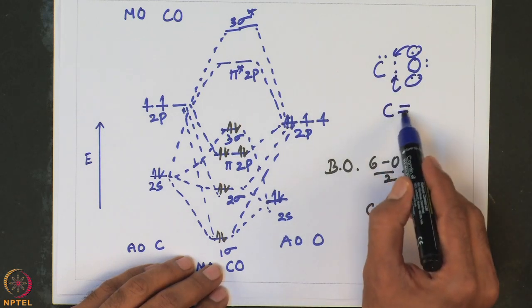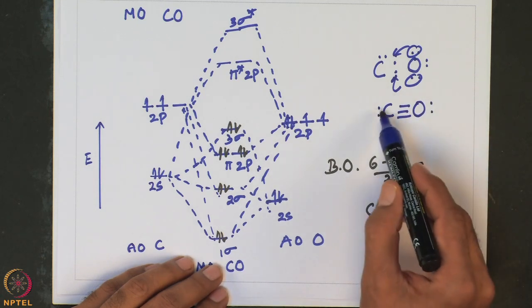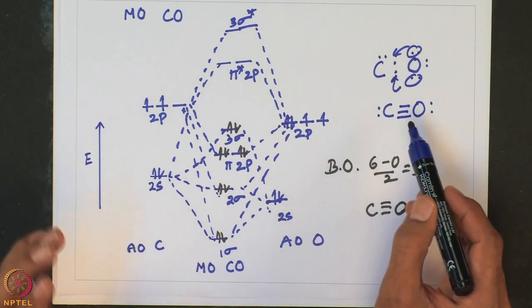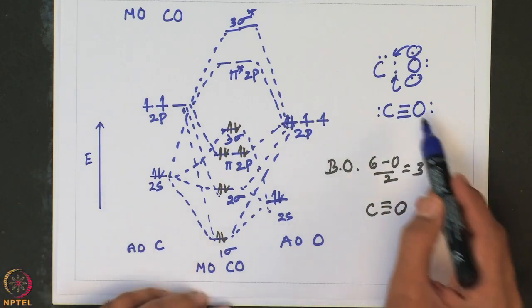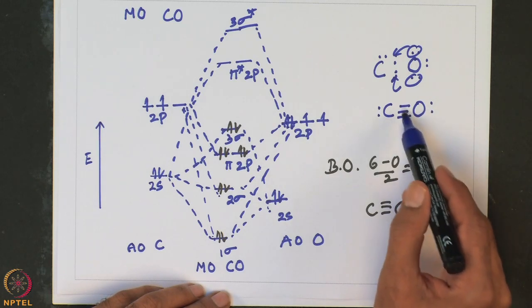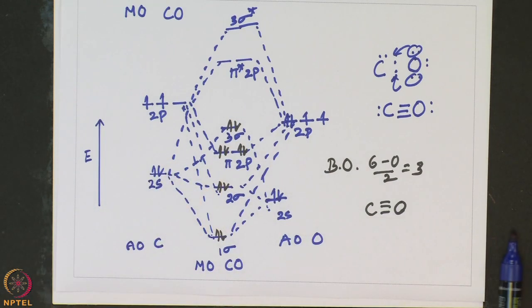So, as a result we had this kind of situation. Here, these two lone pairs on carbon make carbon monoxide a soft Lewis base, and here you can see a triple bond is there, the same information we are also getting from the carbon monoxide MO diagram.